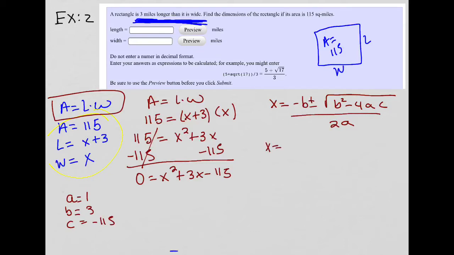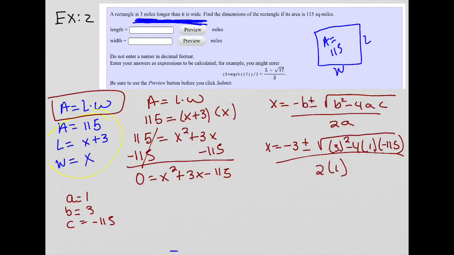So x equals negative 3 plus or minus the square root of 3 squared minus 4 times A times C, divided by 2 times 1. So x equals negative 3 plus or minus the square root of 9. And what is that?